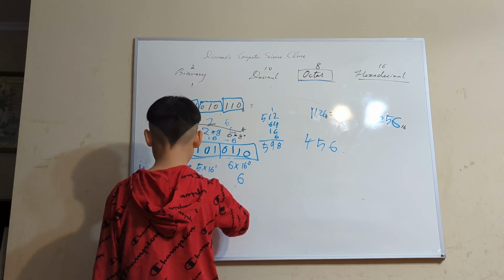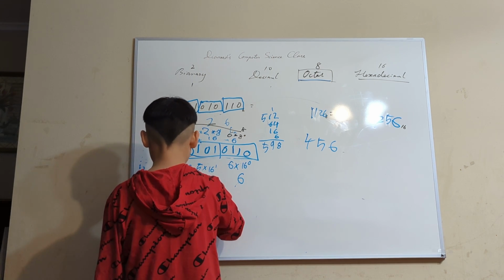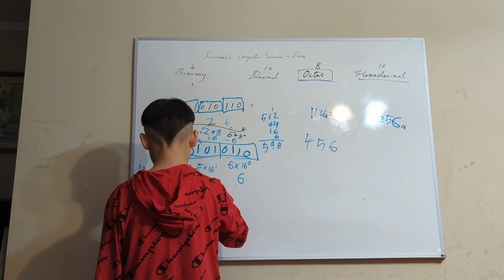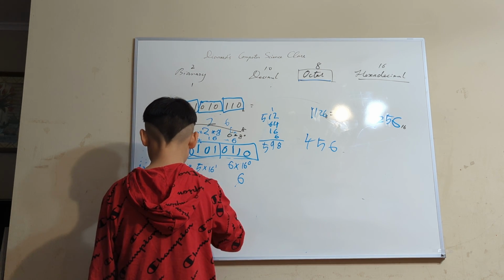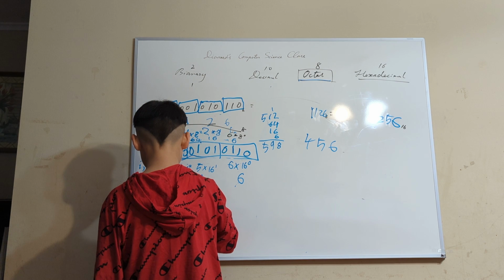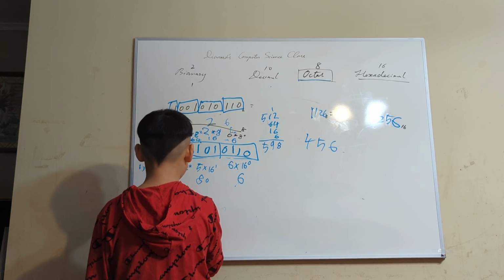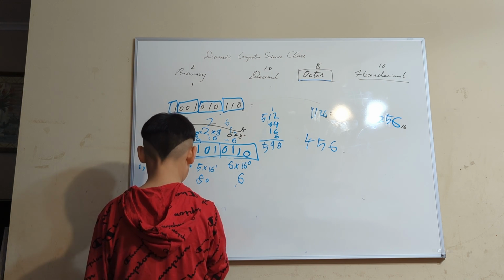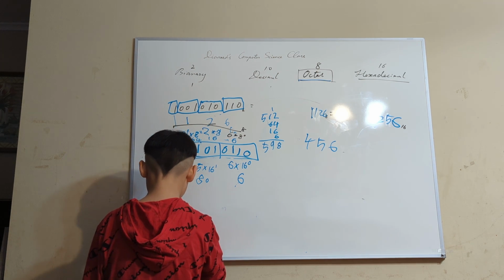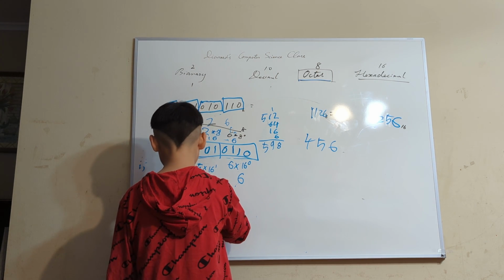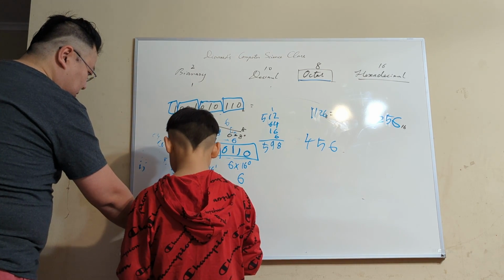Wait, no, it's 16 multiplied by 16. 16 squared is 256, and I need to multiply by 2. Okay, yes. 560. This is wrong, right? Oh, yes.